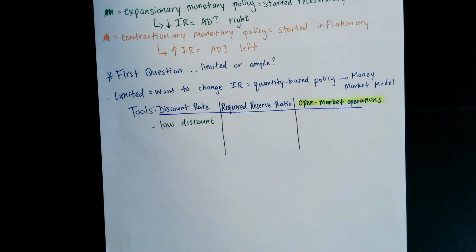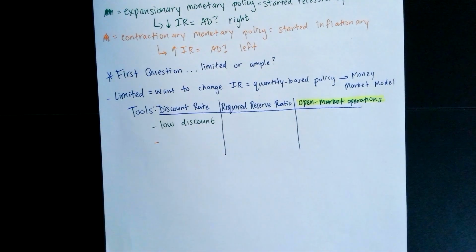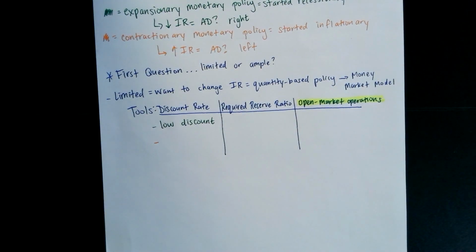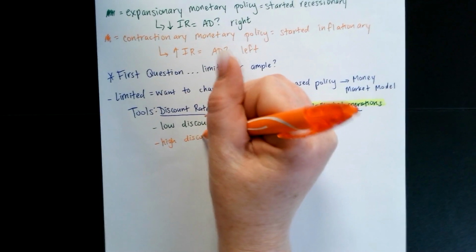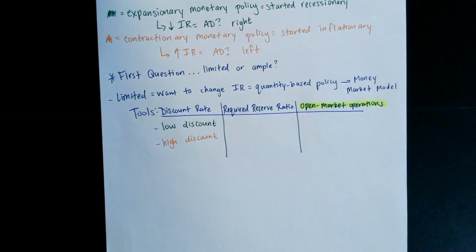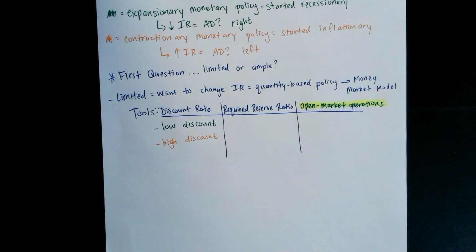Quantity would be in that answer. If the economy is inflated, if it's a limited reserve system, one of the things that they can do is increase the discount, which translates to a higher interest rate. We're not attracted to high interest rates when it's time to borrow, so then the quantity would start to drop off.